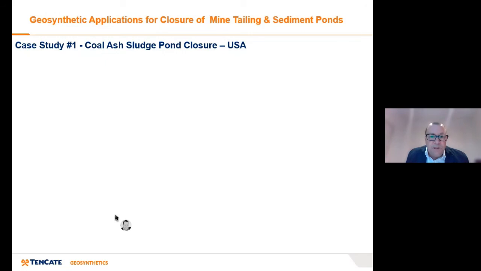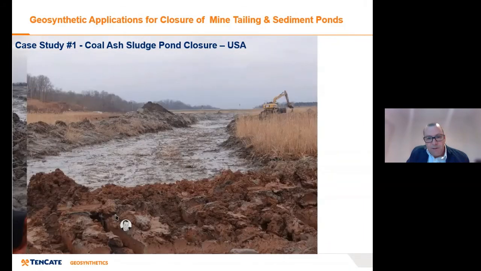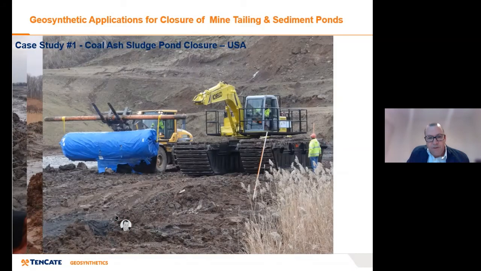So I've got 3 case studies to show examples of what we've just talked about in action. This is one in the US where you think you've got a good crust and you open up beneath and it's just sludge. So in this instance here, you can see the equipment coming in.